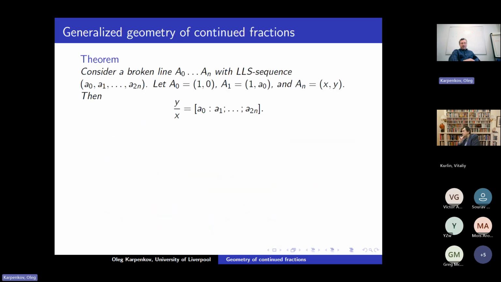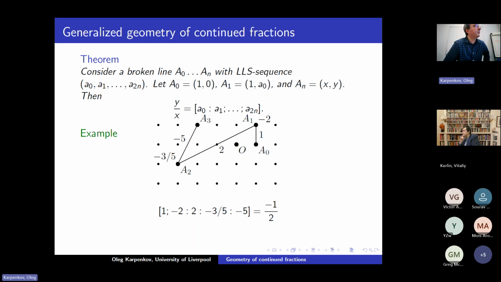I will probably say here we have a similar statement. If we start with a step orthogonally up, so now we fix the basis here, we go precisely vertically, and then we go somehow, and then we write the LLS sequence here, which is 1, minus 2, 2, minus 3, 5, minus 5 for this particular case.